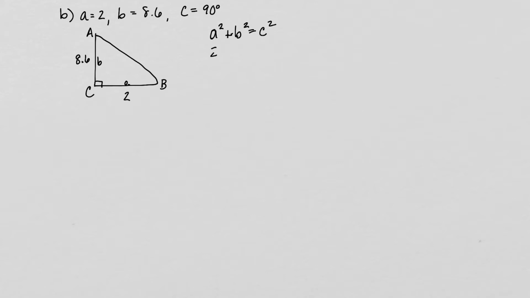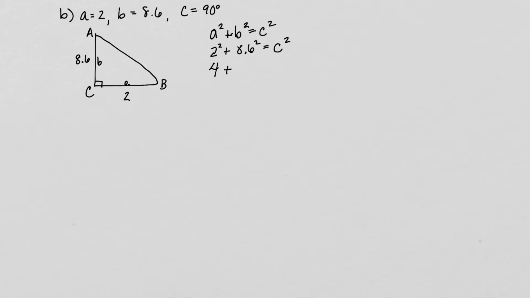So in our case, 2 squared plus 8.6 squared equals c squared. So 2 squared is going to be 4 plus 8.6 squared, which I didn't actually write down what that was.